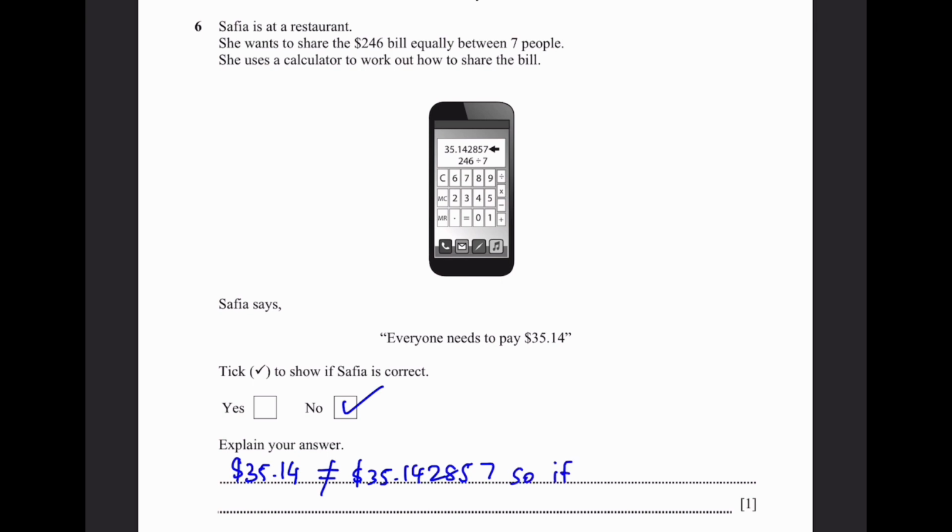So if multiplied by 7 for 7 people, it will not be $246 for this value. That's the answer.